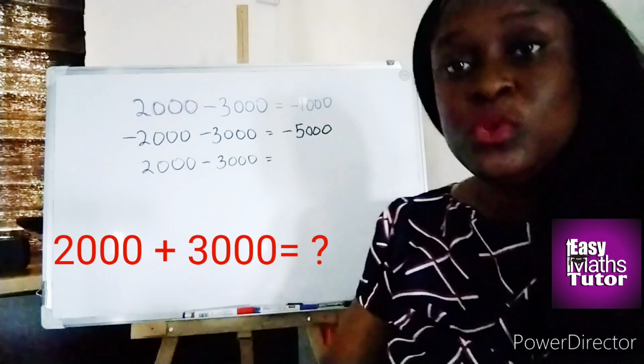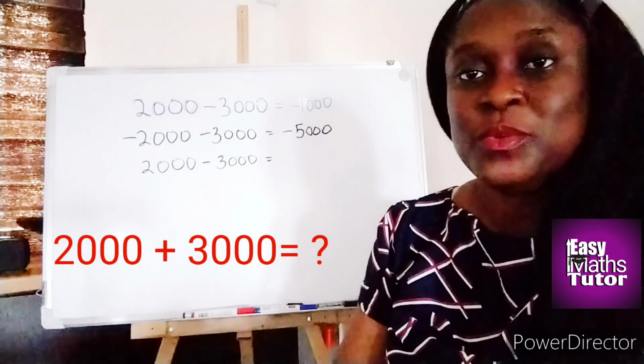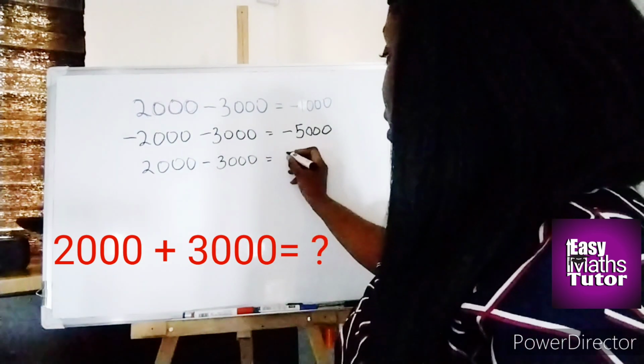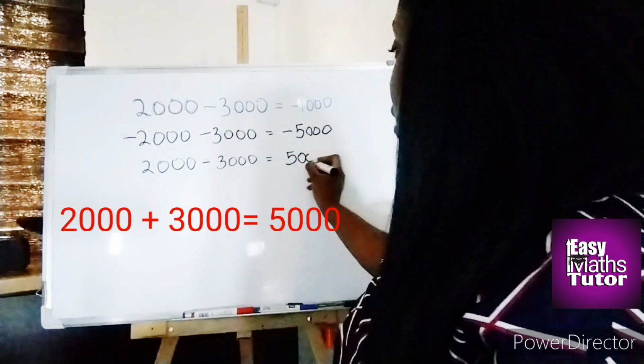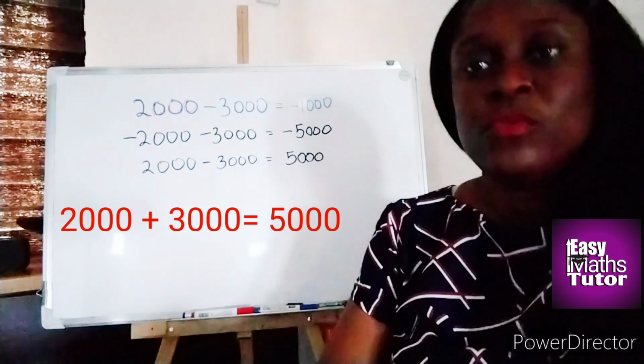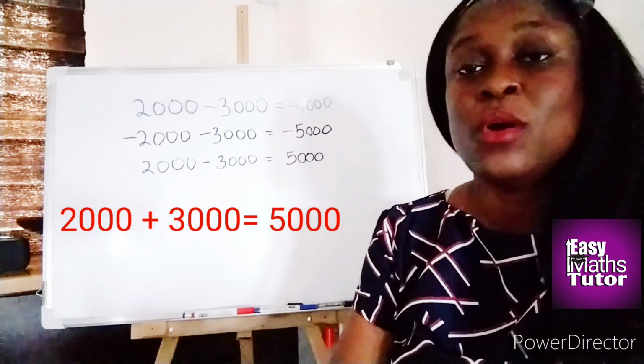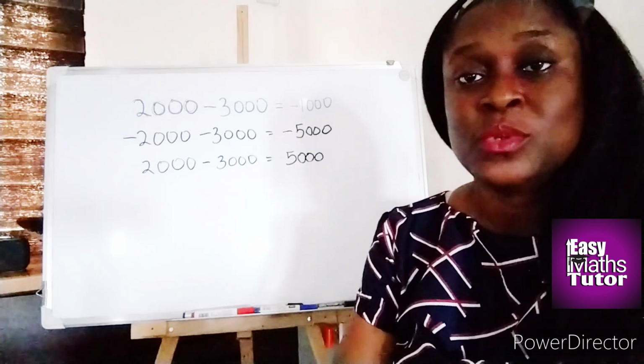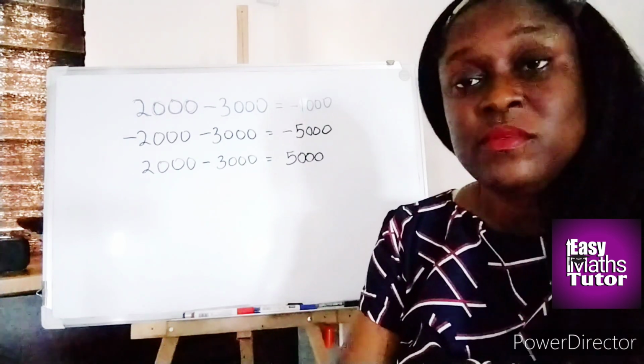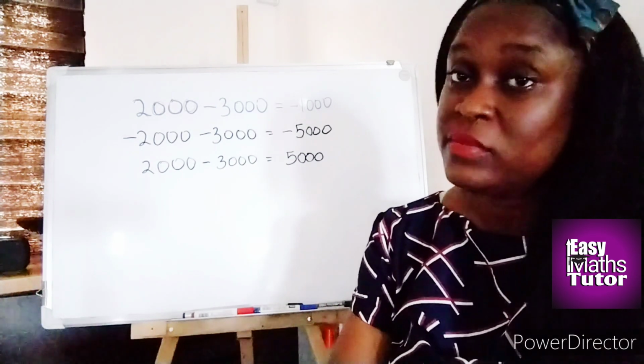How much do you have? How rich are you? You are 5,000 naira richer. So this is all that has to do with subtraction of negative numbers and positive numbers.